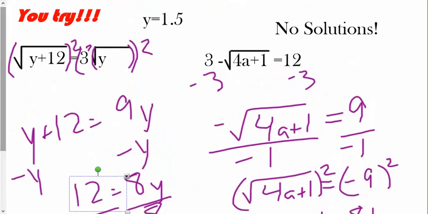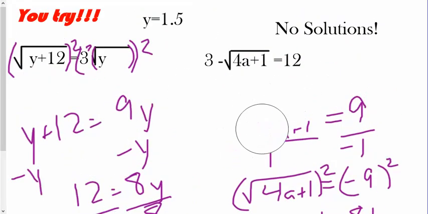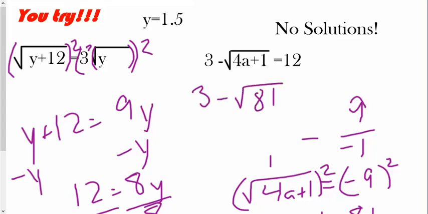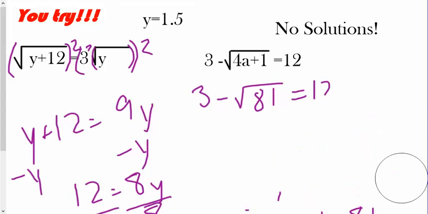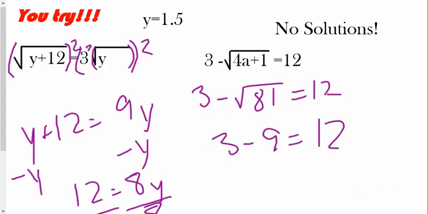But again, if I plug that back in, that would say 3 minus the square root of 81 equals 12. I got 81 because 4 times 20 is 80, plus 1 would be 81. Or meaning 3 minus 9 equals 12, or negative 6 equals 12?